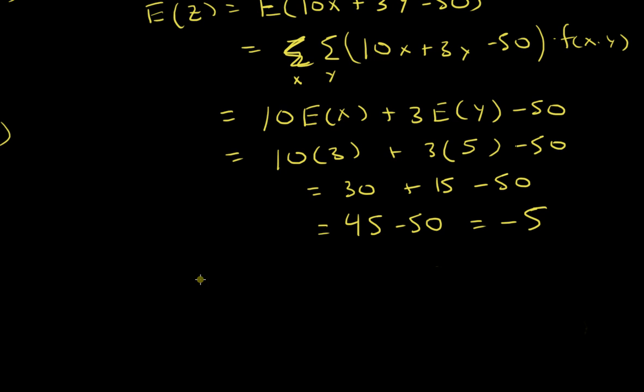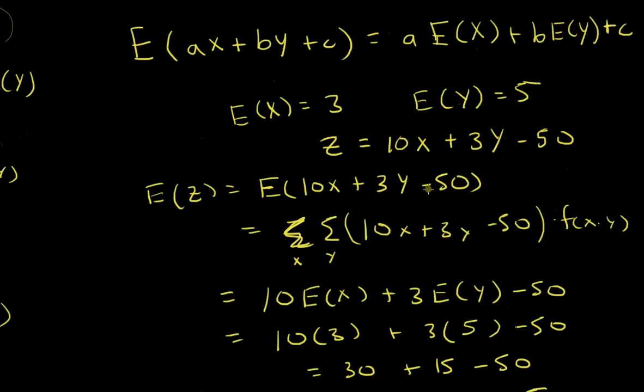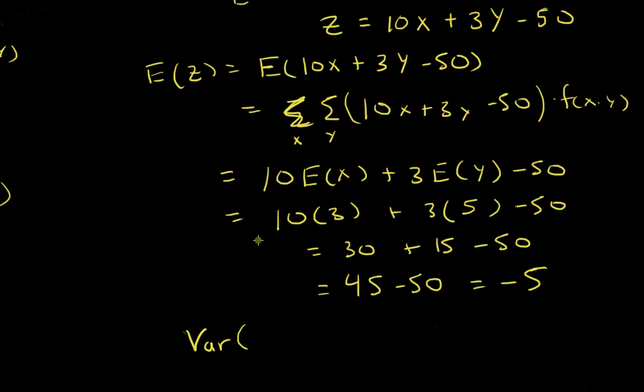Okay, so now moving on to if you were asked to find, say, the variance of z or some variance of some sort of linear combination of x and y, how would you find that? So you need to know the rules for finding variance. Say the variance of a times x plus c. If it doesn't involve y, so just one variable, this is a squared times the variance of x.